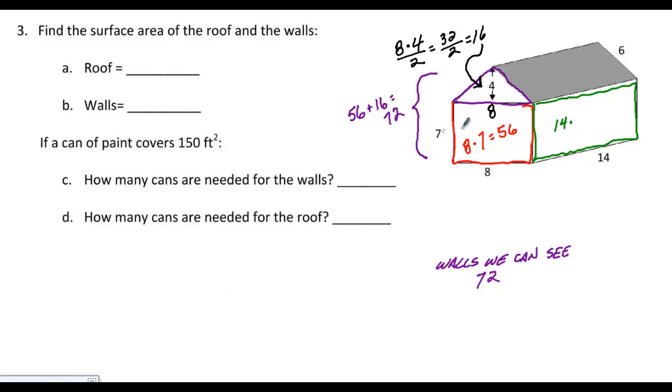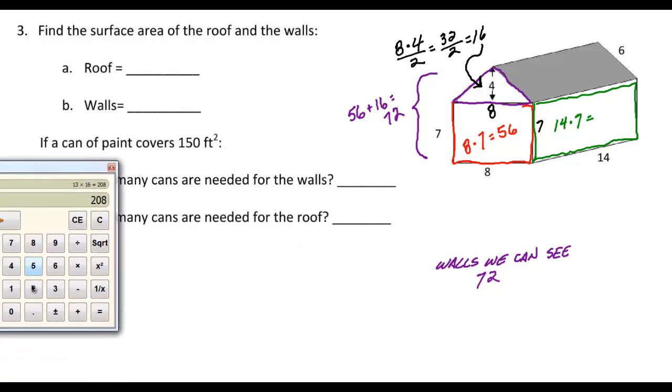Let's bring that 7 all the way over here. So 7 times 14. So 14 times 7. Now, when you do this on the test, you're going to get to use calculators. So let's break ours out now. 14 times 7, 98. So that's some more wall we can see, 98.